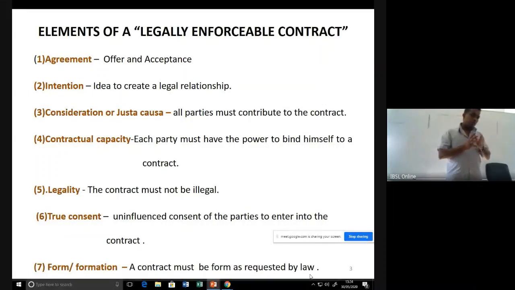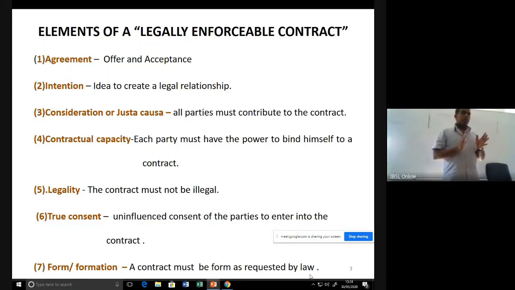Can you go to courts and file action against your friend? The answer is yes. Why, in this situation, can you file action against your friend? Firstly, you have entered into a contract with your friend, and that contract is a legally enforceable contract. That contract has been breached by the friend, so you can go to courts and file action against him.